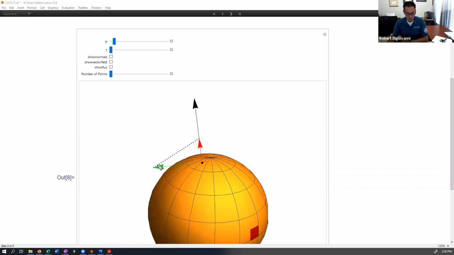Shorter, it's not so much flow. Now, the black vector is the normal vector. That's the cross product of the two partials, and that's pointing straight up, so it's perpendicular to our surface. The red vector is the projection of the green vector onto the black vector.